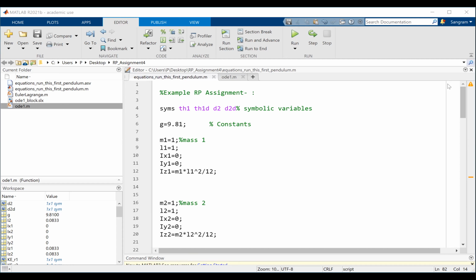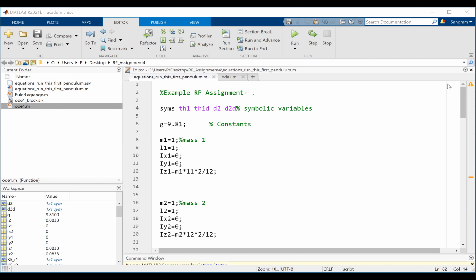So the first line of code in your MATLAB script is identification of the symbolic variables, which are nothing but the states. I want you to type whatever it is on line number 4: SYMS, which is the symbolic variable, TH1, TH1D, D2, and D2D, which stand for theta1, theta1 dot, D2, and D2 dot.